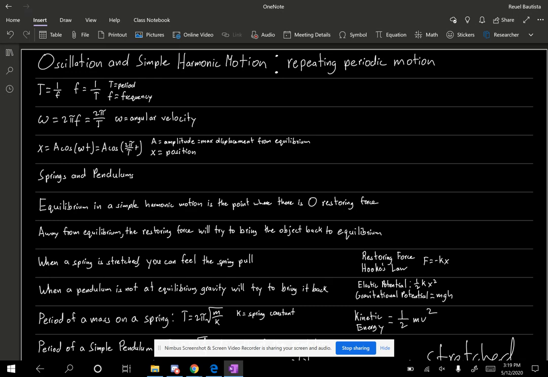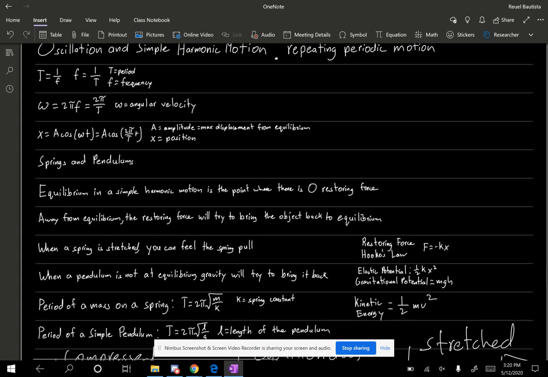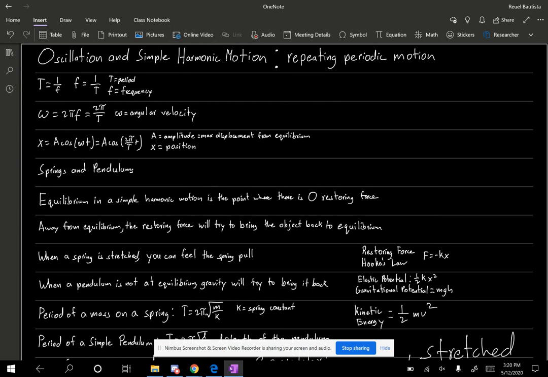A pendulum going back and forth, like in a grandfather clock, is an example. A spring being compressed and then going back and forth after you release it is also an example. The ones that are going to be very important are the spring and the pendulum.